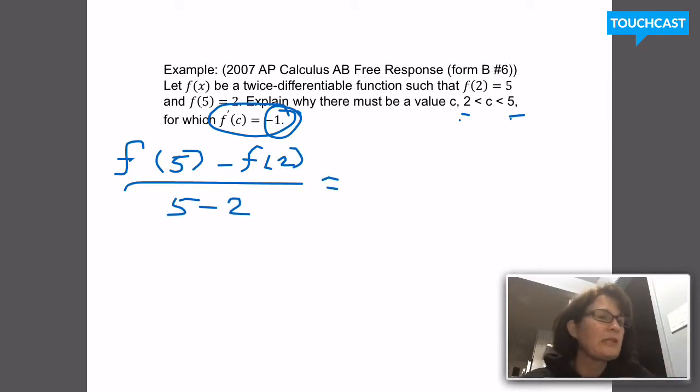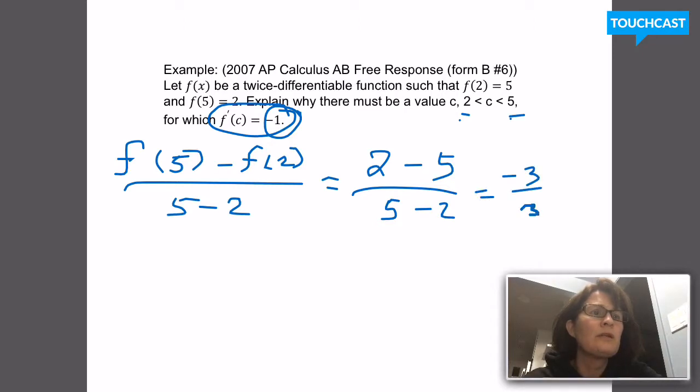I'm hoping that equals -1, but I have to check it and be sure. I'm probably going to get 1 point just for writing this difference quotient. f of 5 is 2 minus f of 2 is 5 all over 5 minus 2. That gives me -3 over 3, which does in fact equal -1.